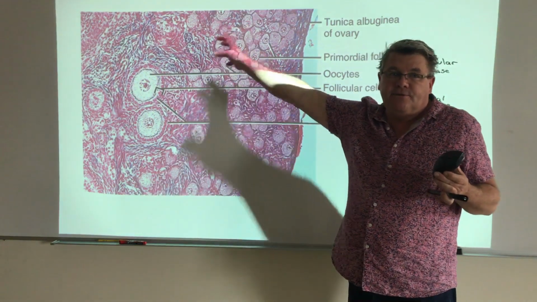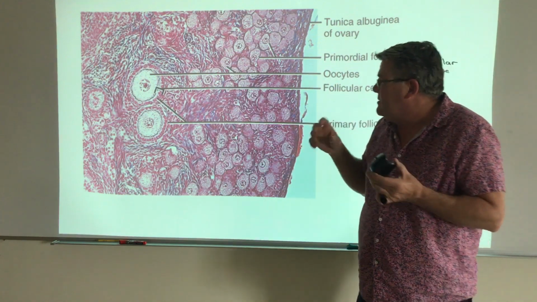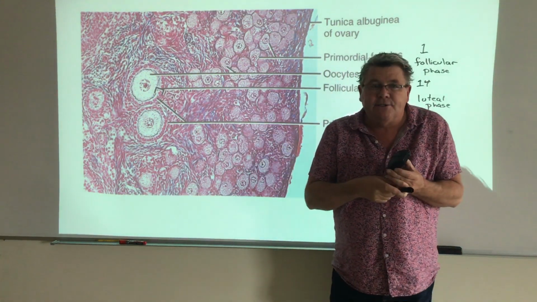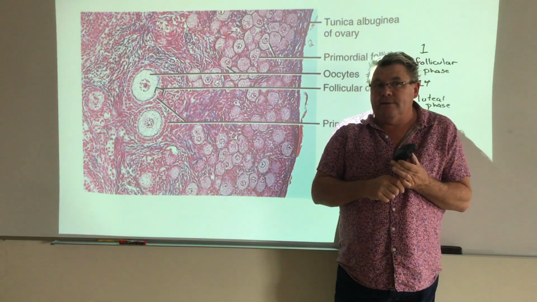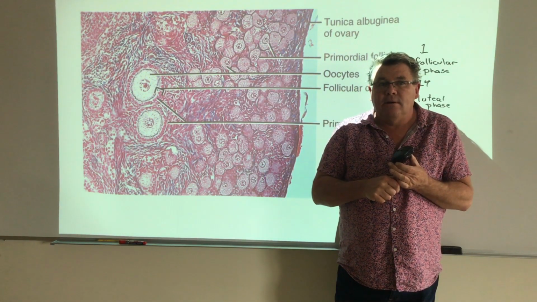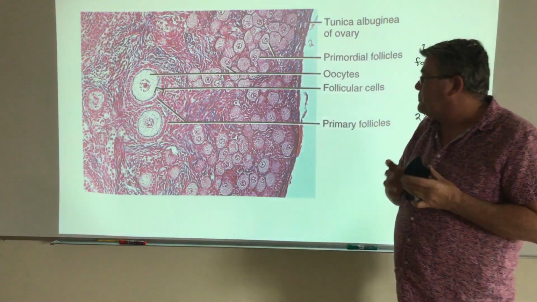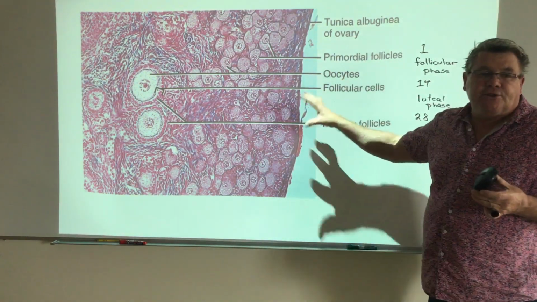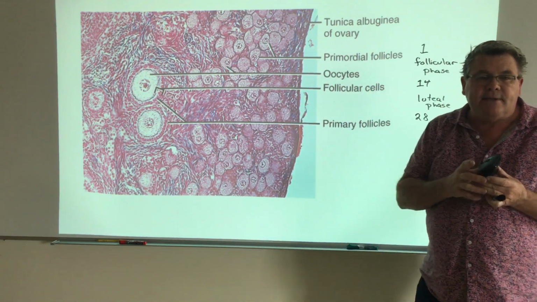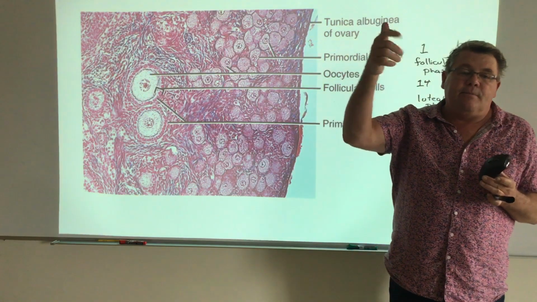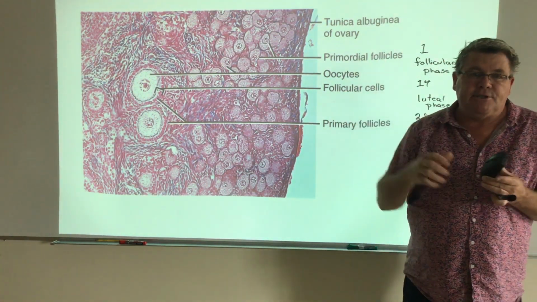There's no more FSH flooding these ovaries. 2, it tells the anterior pituitary, kick up the level of LH, luteinizing hormone. Another one that we talked about with males in puberty. So once estrogen is secreted from the follicle cells, or what this is calling follicular cells, estrogen goes up, well, it makes sense. FSH comes down, LH goes up.